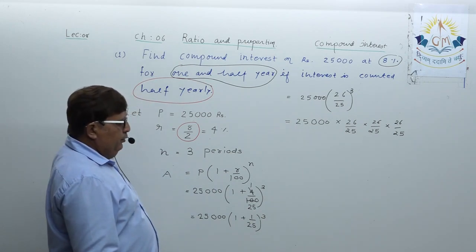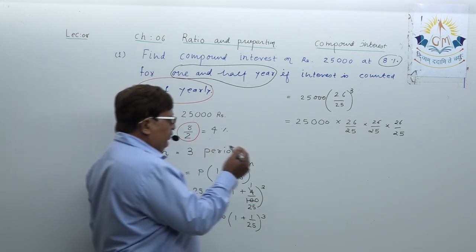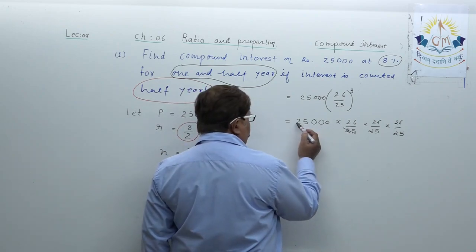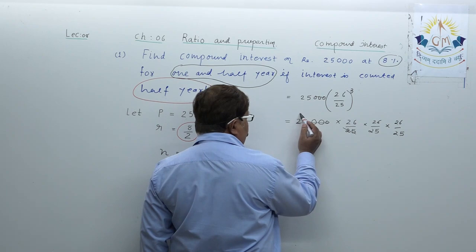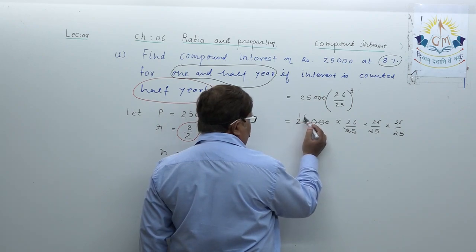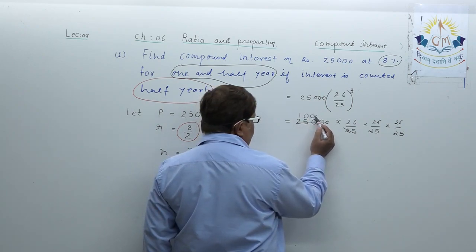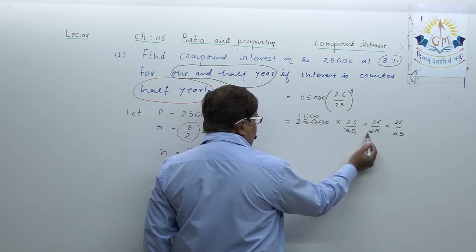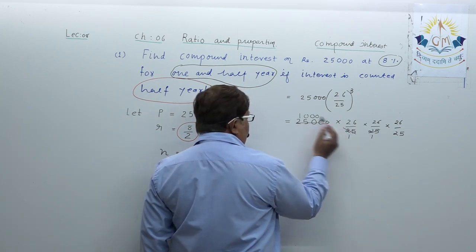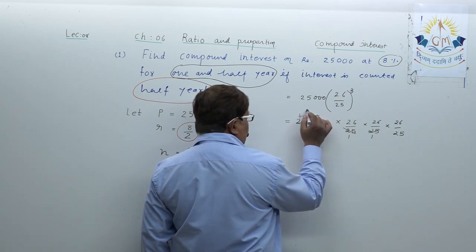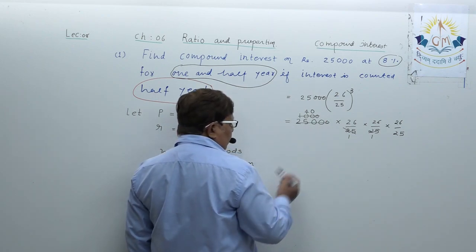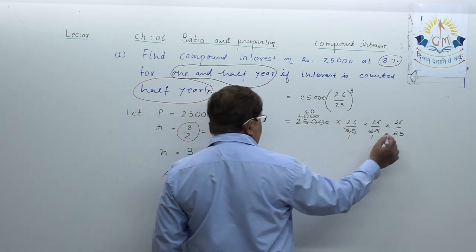Let us do further cancellation. 25 ones are 25, 3 zeros. Further cancellation by 25, 25 ones are 25, 40. One more cancellation by 5.